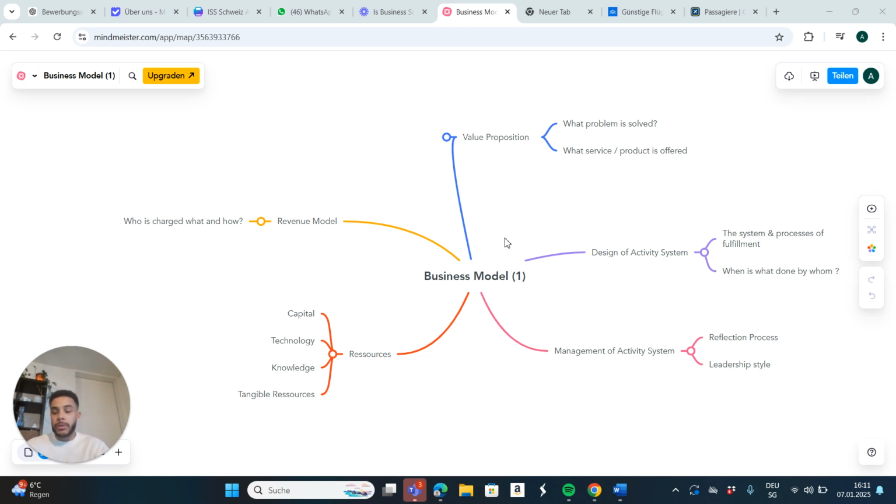If you have problems with your staff, maybe it's your leadership style, the management of your activity system, and if your pizza shop is not profitable enough, it might be the activity system itself or the revenue model, or you're not equipped to having the activity system on this level.